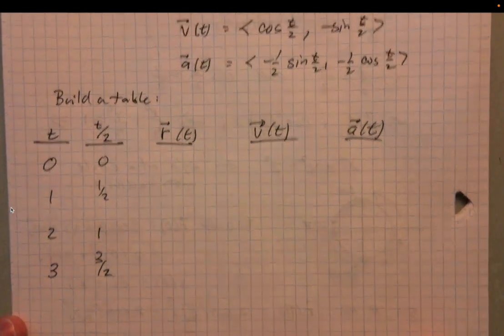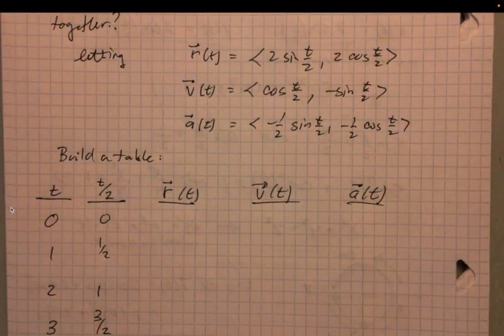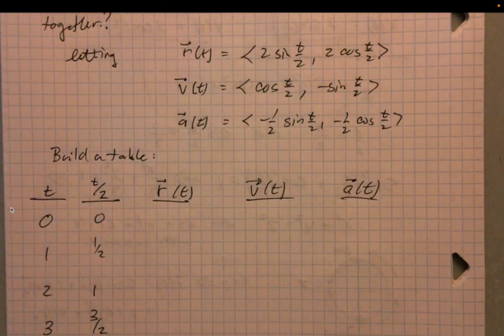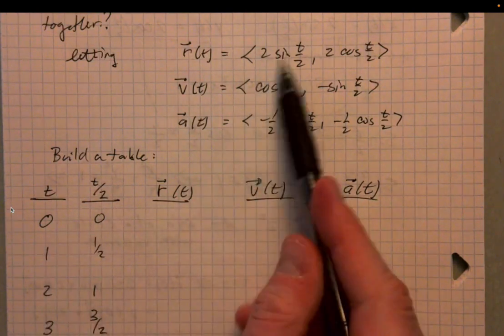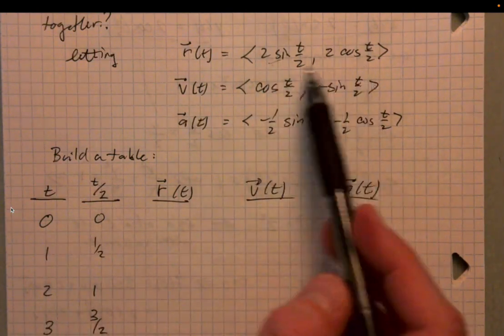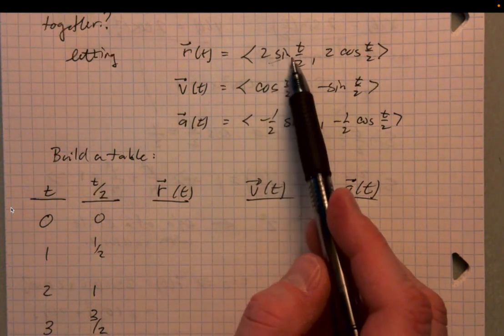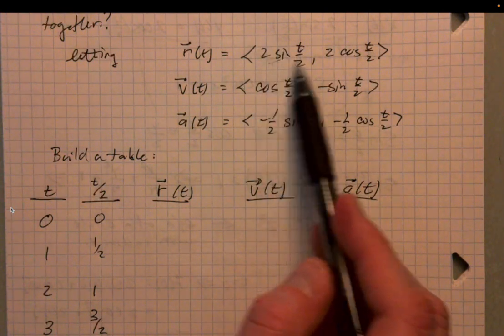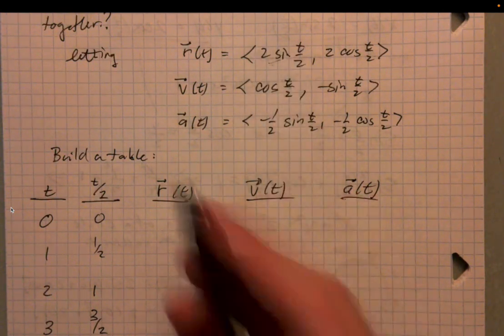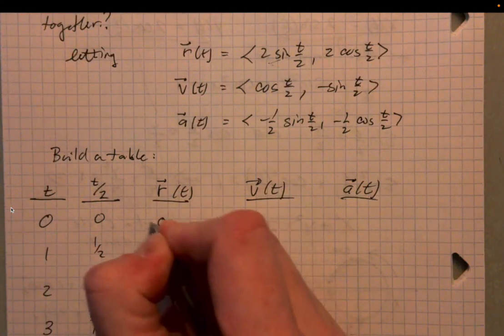Okay, now we'll do this for 0 just to make sure we can see how this is done, but then I did this separately using Microsoft Excel, just to make it quicker because it can get a little tedious. But if we plug in 0 for r of t, then it's 2 times sine of 0, right? And so we already saw that that's 0.